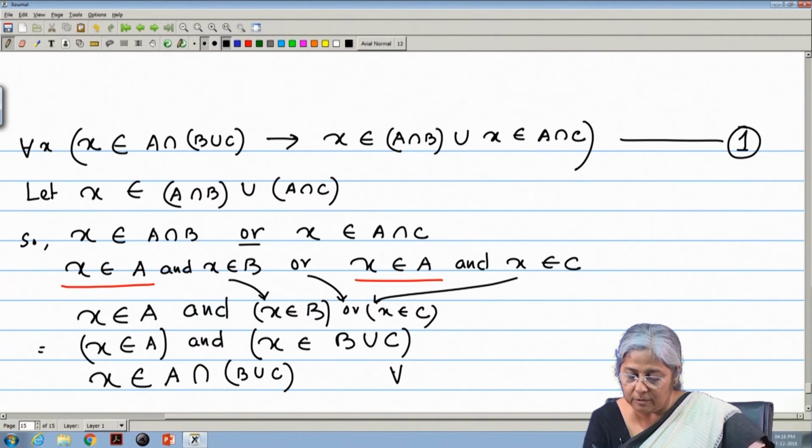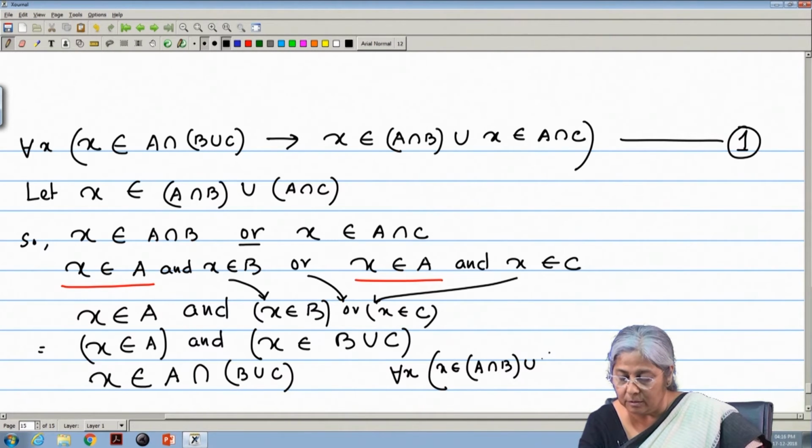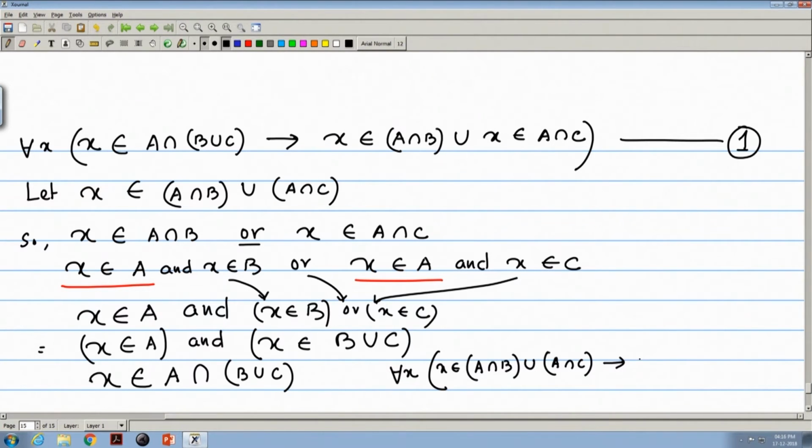So, we can get that for all x, x belongs to A intersection B union A intersection C implies x belongs to A intersection B union C. So, this is my 2.